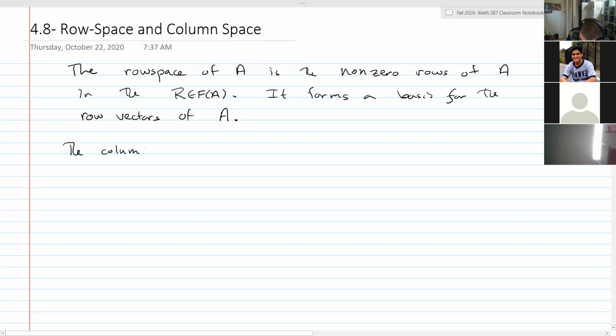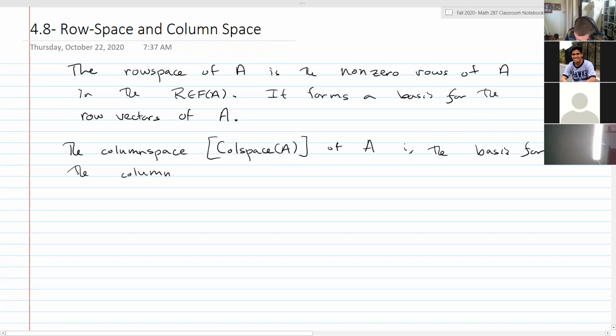And then the column space of A, which we denote col space A, is the basis for the column vectors of A. And we've talked about, from a theoretical standpoint, this col space of A before when we were talking about span.